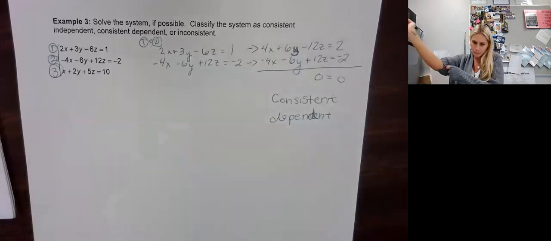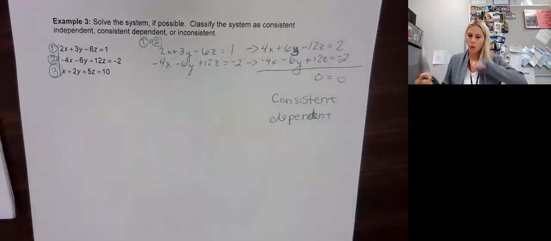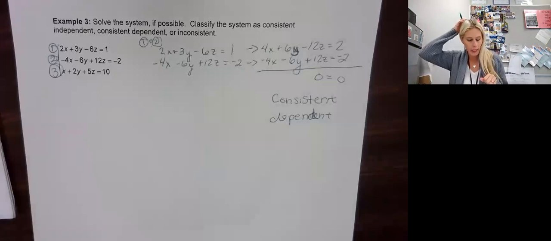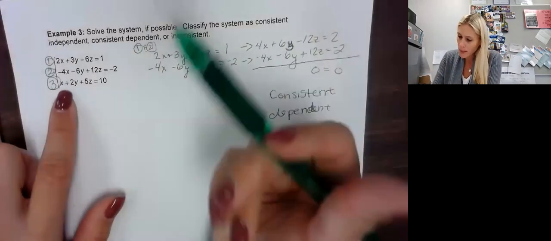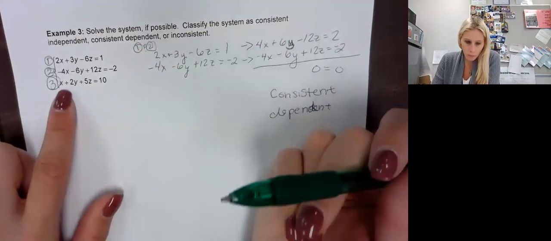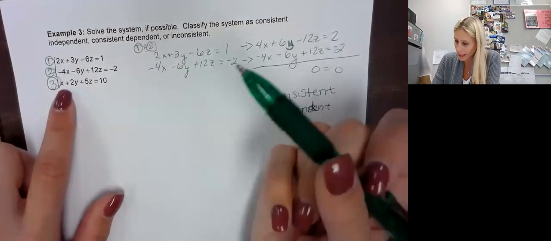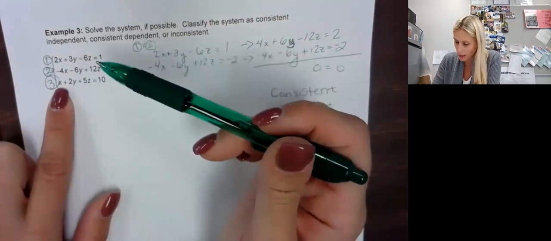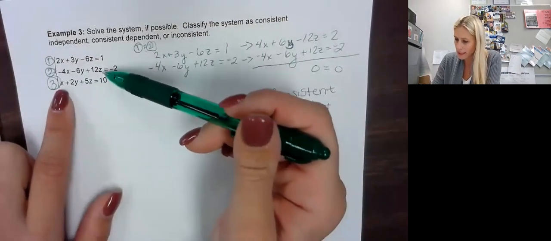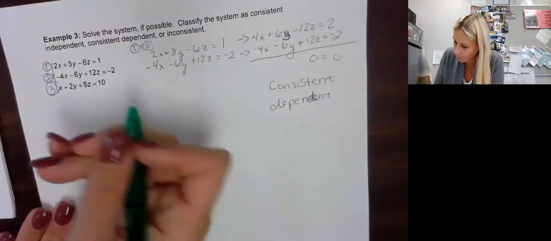Okay? All right, so what I'm going to do now is make sure that I can solve for x and y, because it's all going to be dependent on z's. So if I look at my thing again, let me get rid of the x's first, because it looks like I'm able to get rid of the x's with 2 and 3.